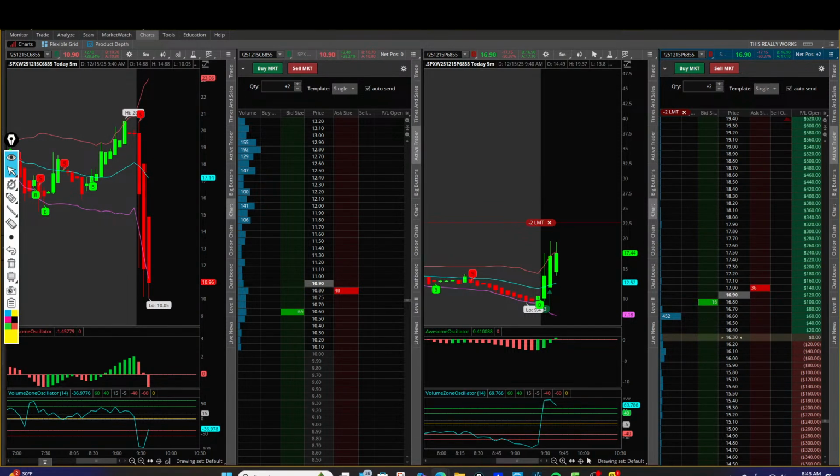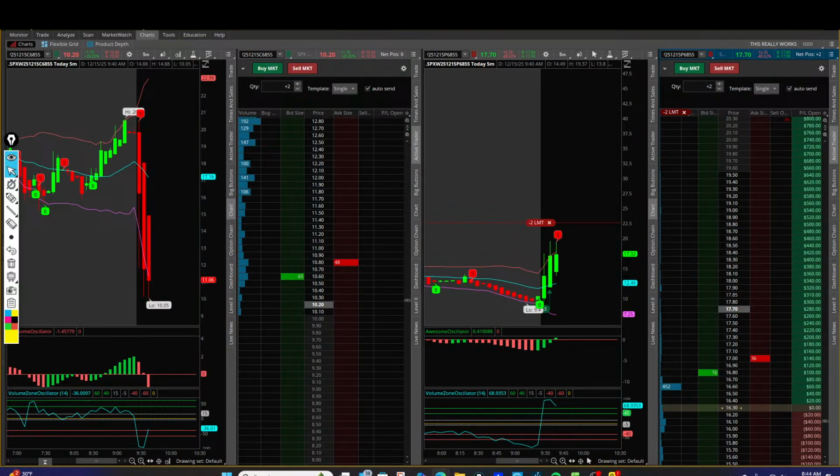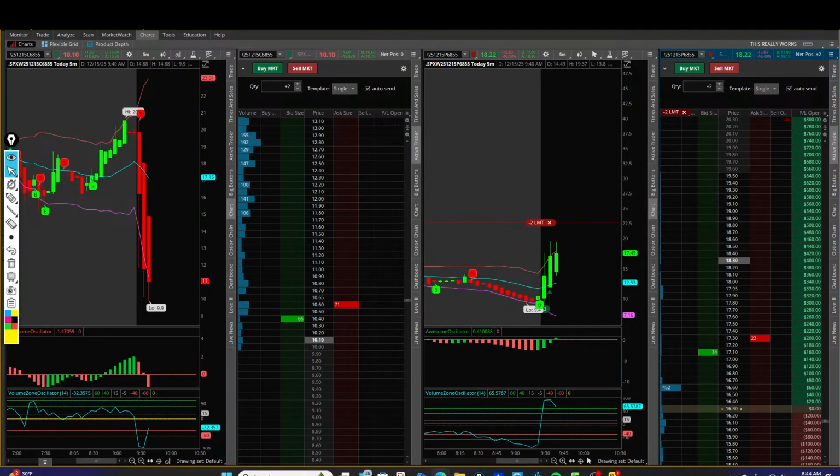And UT bot alerts are not found on Thinkorswim. So you have to go into ThinkScript, which is something that Thinkorswim puts out, and they offer the script free, so that you can take it and put it into your trading platform.